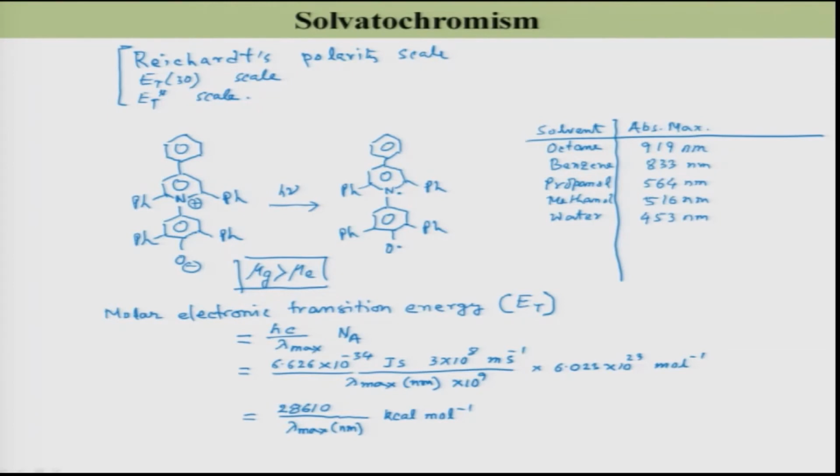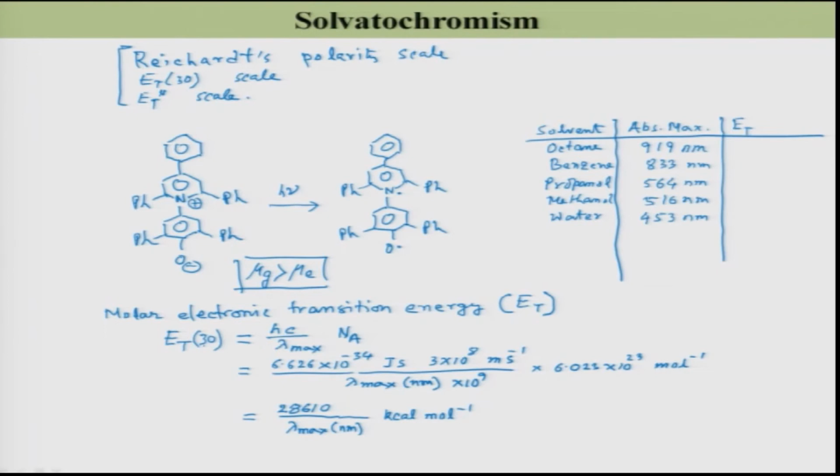Okay. So, I can simply divide this lambda max by 28610 kilocalorie per mole, and then I can write the corresponding values over here. So, here I will write ET, which is generally denoted as ET30 for this dye.